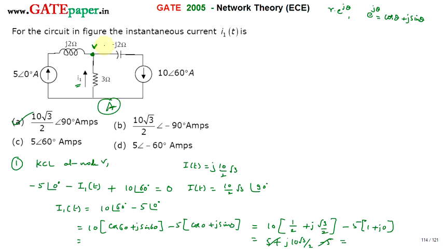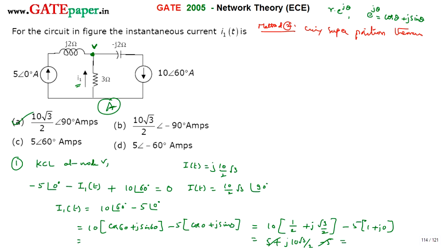Now we can get the same thing with the help of the superposition theorem also. So we are dealing with method 2, using the superposition theorem. The superposition theorem can be applied if the network consists of more than one source, and the overall response of that network is equal to the sum of individual responses.